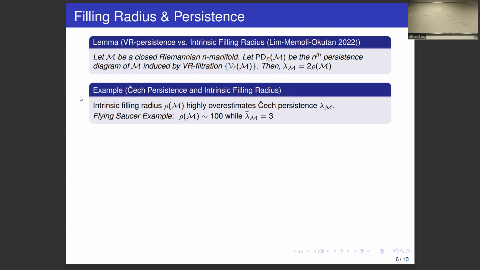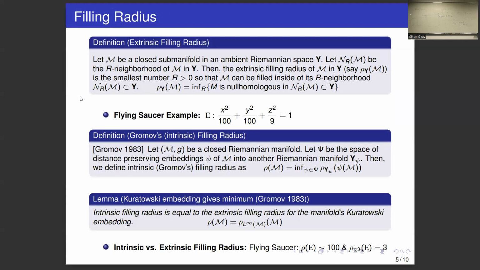So now, Čech persistence and intrinsic filling radius. When you look at here, remember my flying saucer example, the dead time with the Čech persistence, you can see that it starts at birth time 0 and dies at 3, the smallest principal axis.